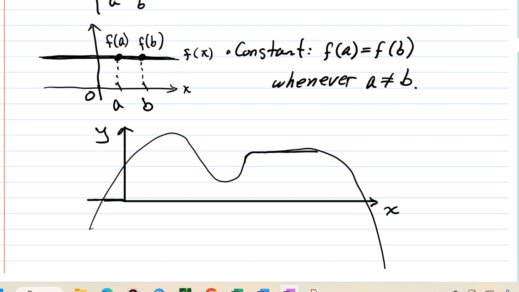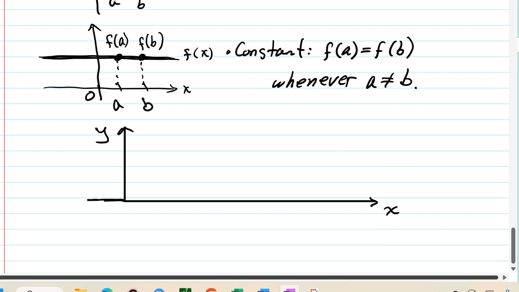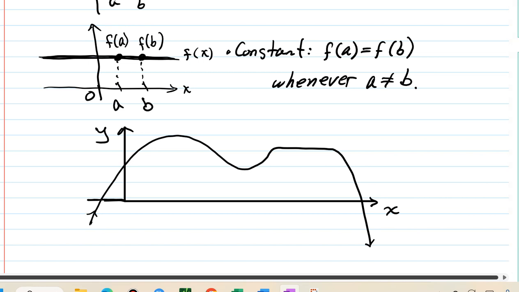Oops, this whole thing is going to go away. Don't worry, we'll redraw it. So I wanted to go like this, curve, come back up, go flat, and then go down. There you go. Looks like the stock market, huh? So it's going to rise, and then it's going to wobble a little bit, flat line. It's going to flat line here, and then it's just going to nosedive.